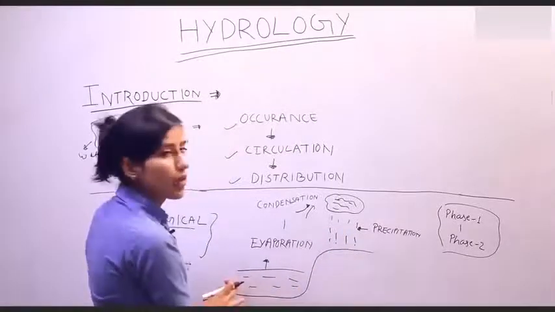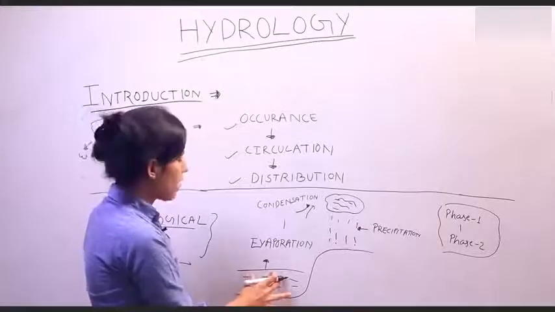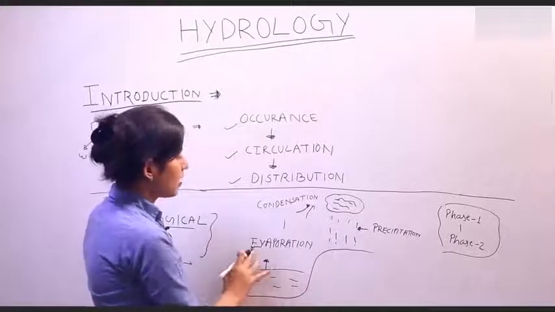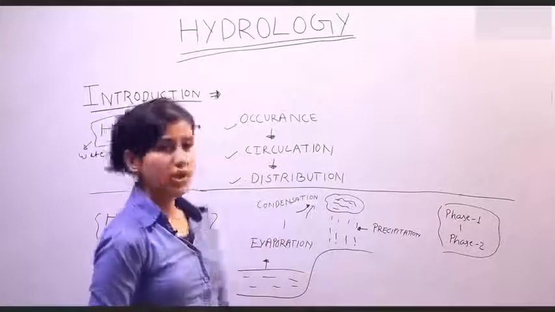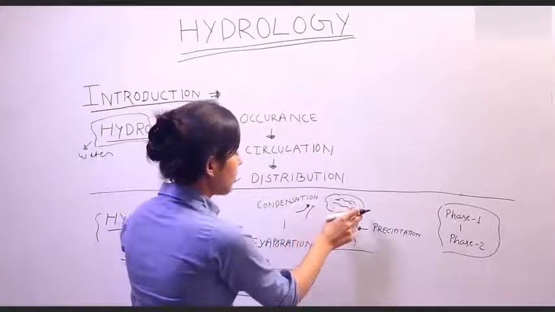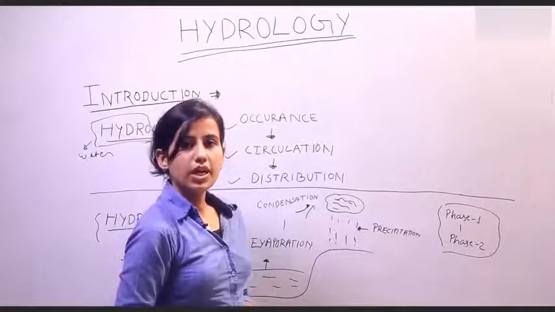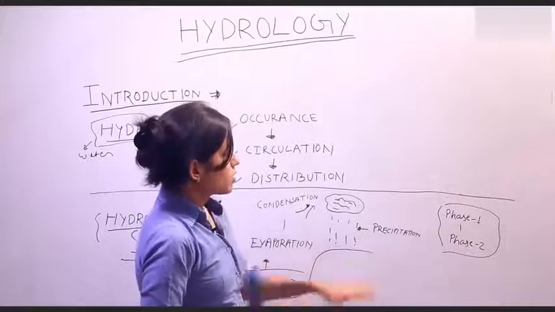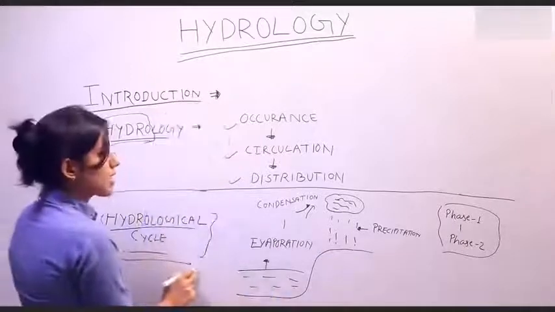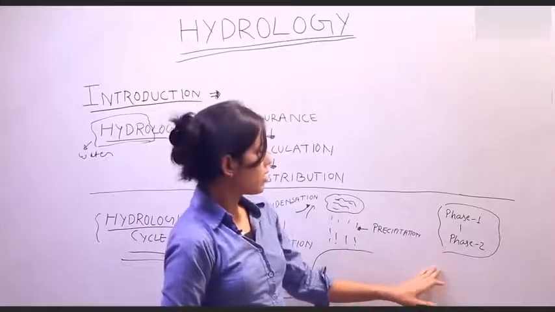If we start from evaporation, first water evaporates from a reservoir top surface, then this moist air will lift up, and after that it will condense in the form of clouds, and after that it will precipitate in the form of rainfall. So the hydrological cycle is nothing but transformation of water from one phase to another phase.